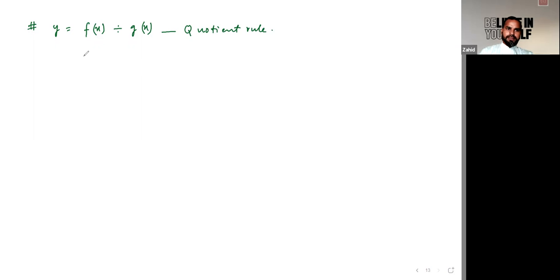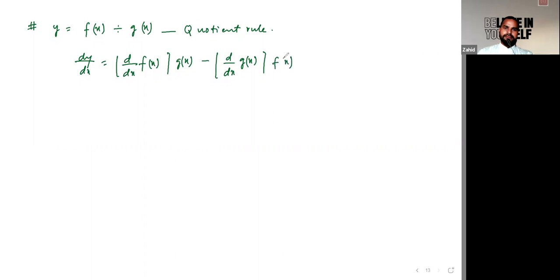It says dy/dx of this function would be: differentiate the first part multiplied by the second, minus differentiate the second part multiplied by the first, and the whole divided by the square of the denominator.